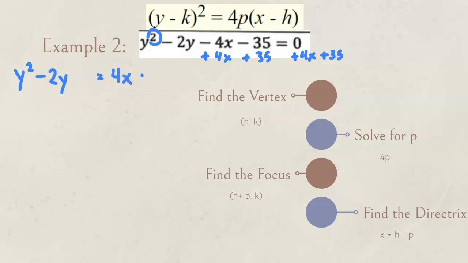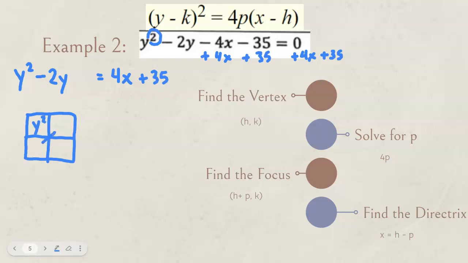So 4x plus 35. And now just a refresher on completing the square, we're completing the square on this y side. If I have a perfect square and I did the area model, I would have a y squared right here. And if it's a perfect square, these two diagonals are going to add up to -2y, and they're going to be the same size. So each of these diagonals is going to be -1y.